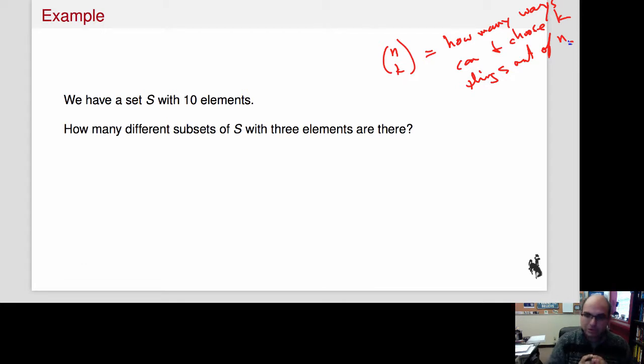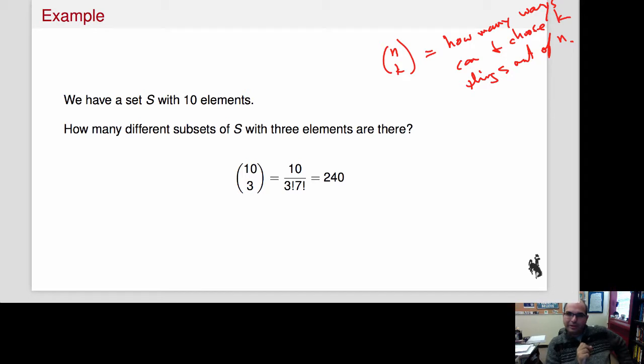So now I want to justify that. How many different subsets of S with 3 elements are there? We've done this problem to kind of give the idea. It ends up being 10 choose 3, which is 10 factorial divided by 3 factorial times 7 factorial, or 120. And remember how we got there.